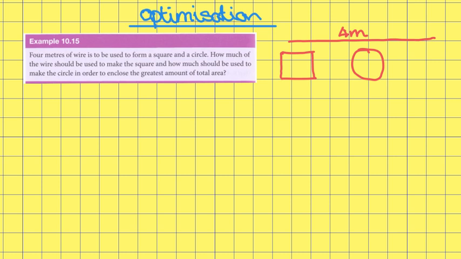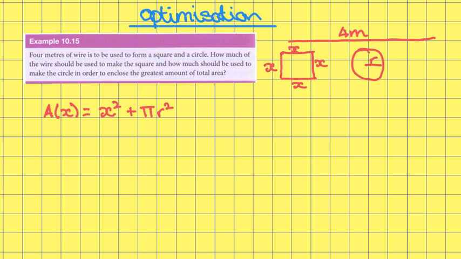So I'm going to call each length of the square x. The circle has a radius r. So we want to maximize the area. So the total area is x times x, which is x squared, plus pi r squared.